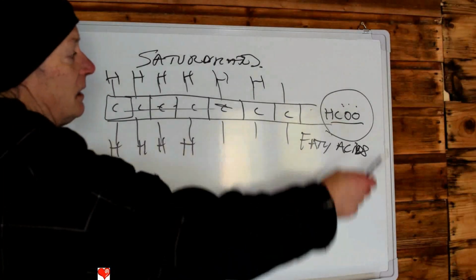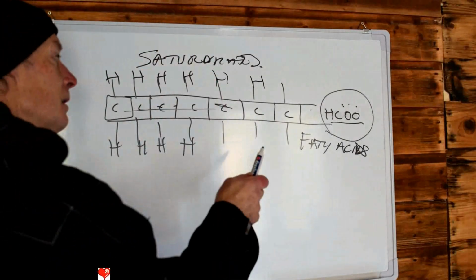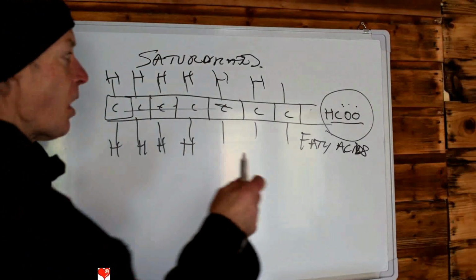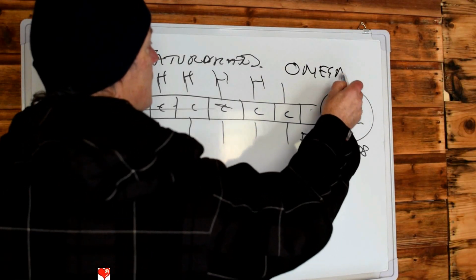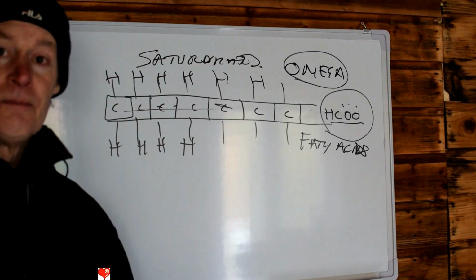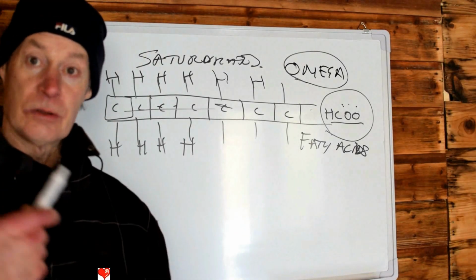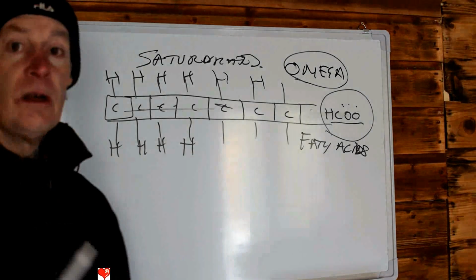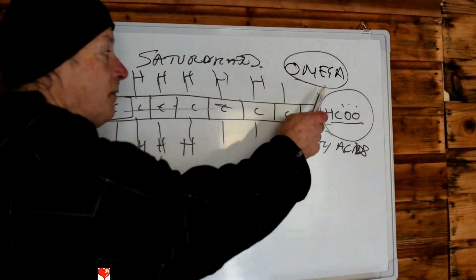There's a fatty acid, hydrogen, carbon and oxygens on the one end. This is the omega end. They're using the Greek alphabet. Like I said, all this stuff gets confusing when different bodies start talking about it. Educational bodies. It's the omega end of the fat.